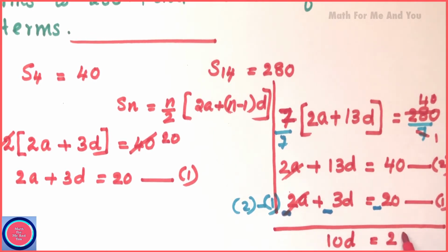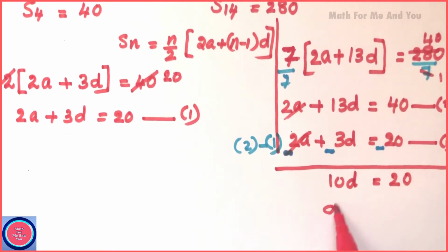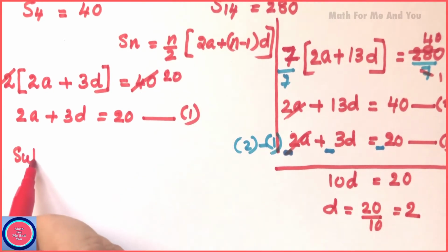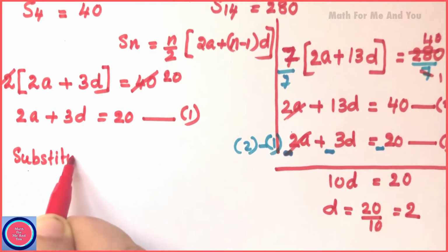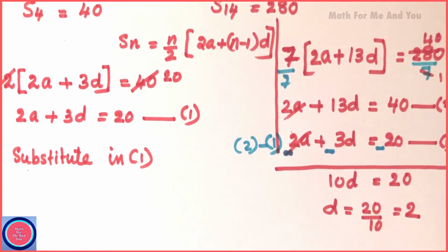How can we find the value of d? Divide with 10, both sides. Then left side d equals right side 20 over 10 is 2. So we get the common difference is 2. Substitute in any of the equation, we can find a, the first term. I am substituting in equation number 1. 2a plus 3d, d is 2.